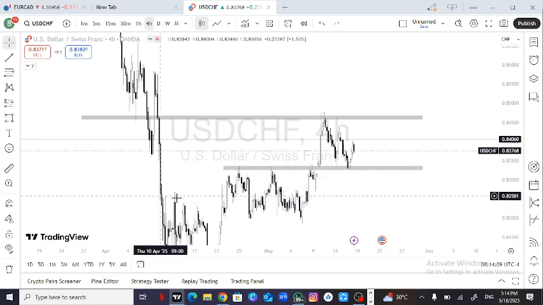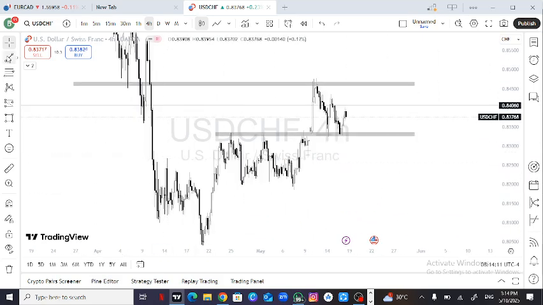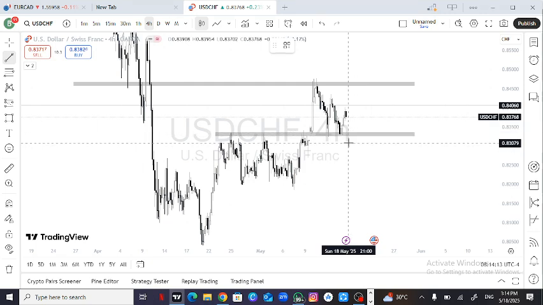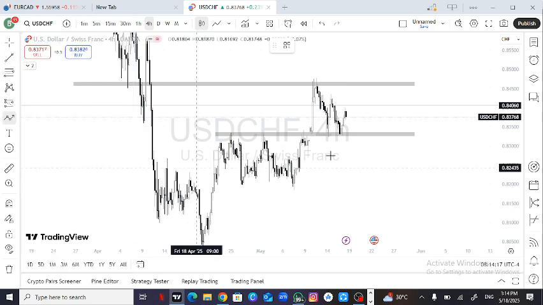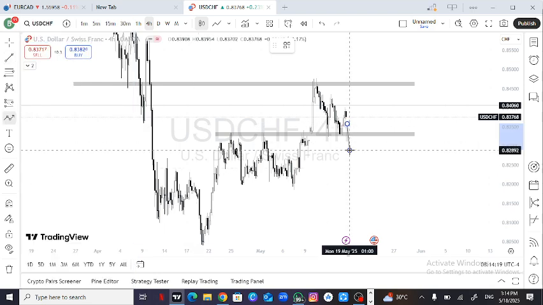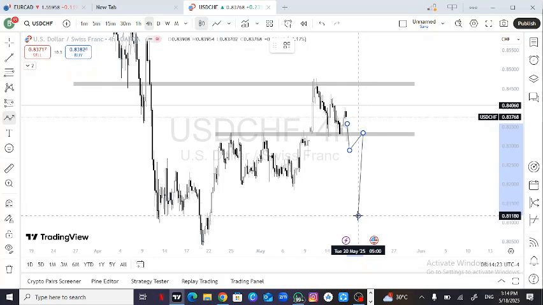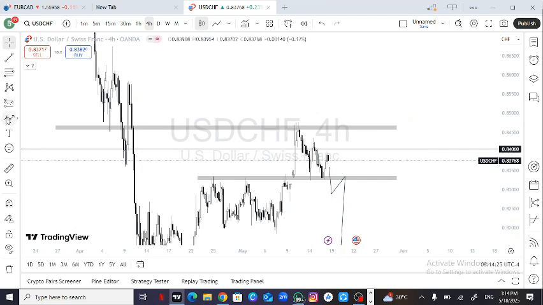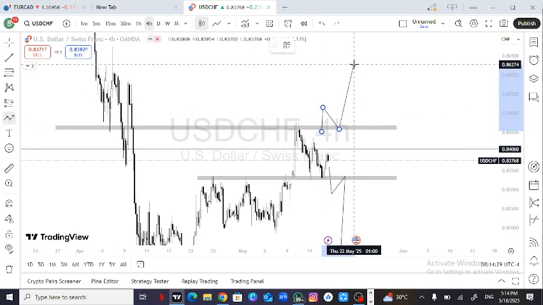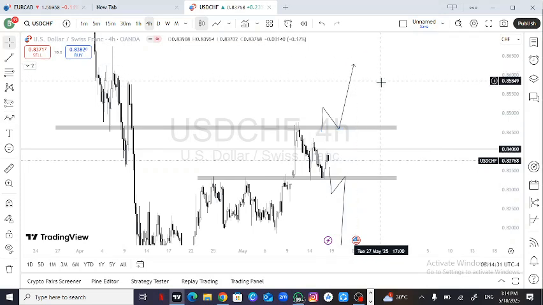If the market breaks out from this side, wait for a retest, you sell. But if the market breaks outside of this zone here, we retest it, then we buy. So that will be my bias for this week.